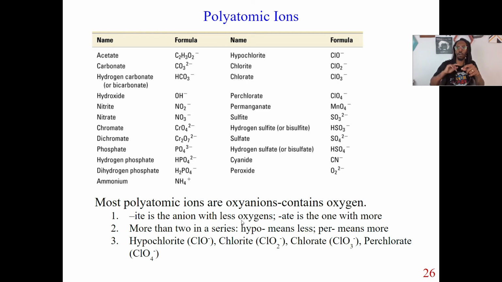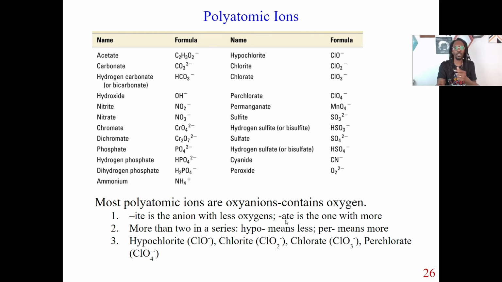So when we go forward and gain another oxygen, now we're at ClO2, and we have chlorite. Chlorite has fewer oxygens than chlorate, but more oxygens than hypochlorite. If we add another oxygen, now we have chlorate.